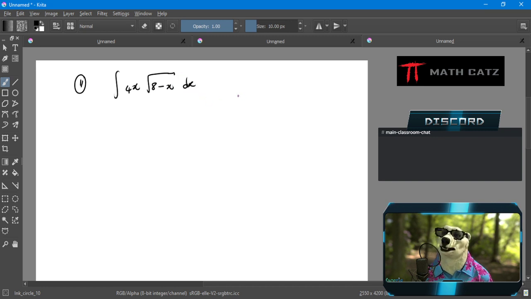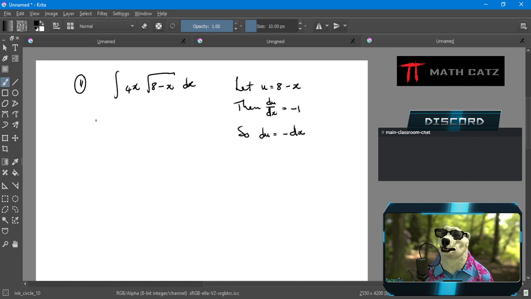All right, now I should clearly see there's a function of a function, which means it's substitution time. The obvious inside function is 8 minus x, and then I take the derivative. It's negative 1 in this case, and I separate the differentials. So du is equal to negative dx.